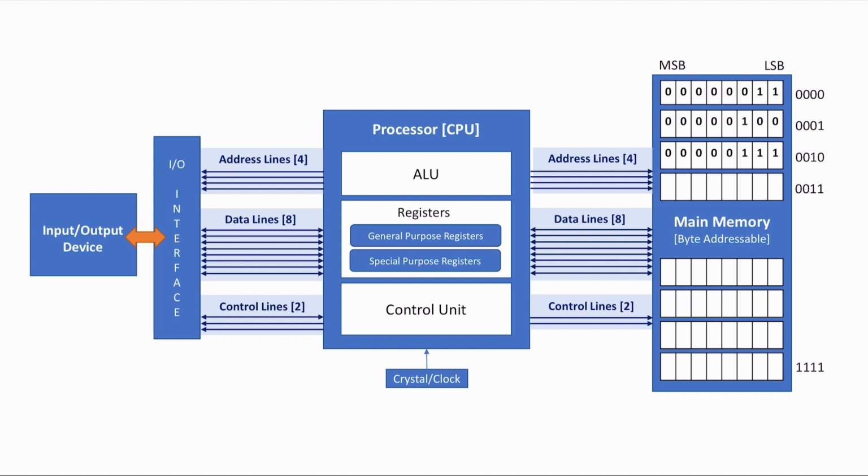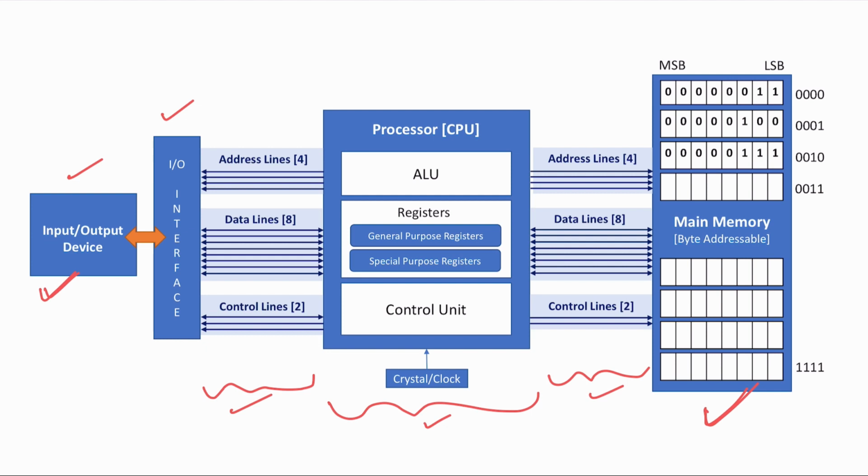It contains all four components. It has the processor, it has the system bus, it has the input output device, the IO device, and it has main memory. The IO interface is connected in between the IO device and the processor. We discussed all of these: how main memory looks, how the processor looks.